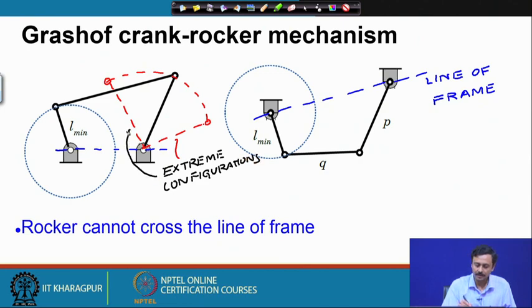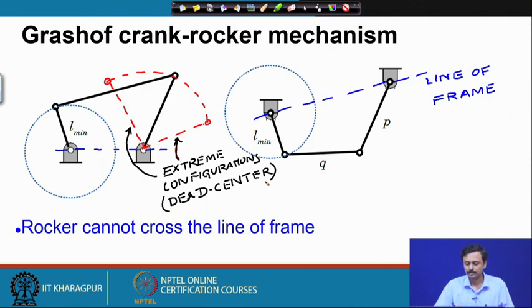This and this, these are the extreme configurations or the dead center configurations. So, the rocker cannot cross the line of frame in the case of a Grashof crank rocker mechanism.